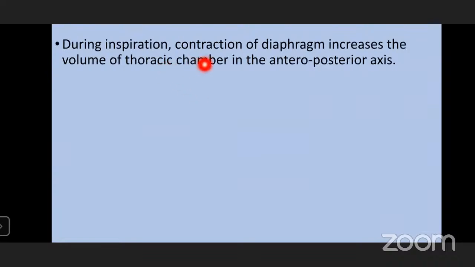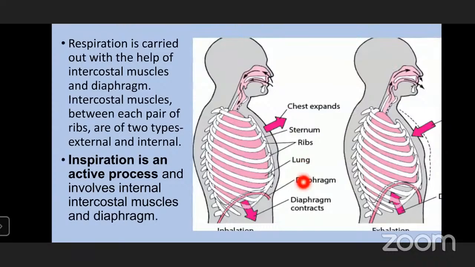During inspiration, the contraction of the diaphragm increases the volume of the thoracic chamber in the anterior posterior axis. So here the diaphragm is contracting, so it is coming down. When it is coming down, it is increasing the anterior posterior axis of the thoracic cavity.